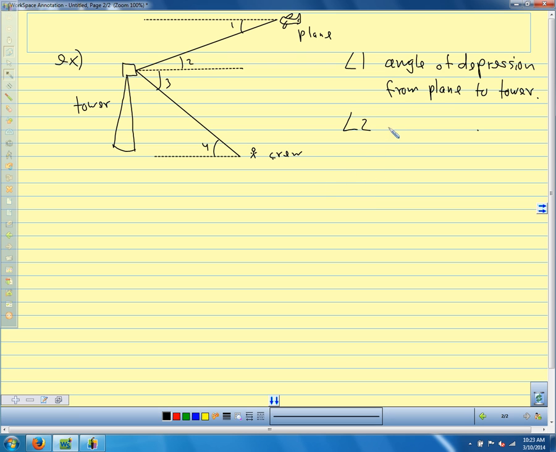So this is going to be an angle of elevation, from the tower to the plane. And the problem might describe it that way: the angle of elevation from the control tower to the plane is 73 degrees.